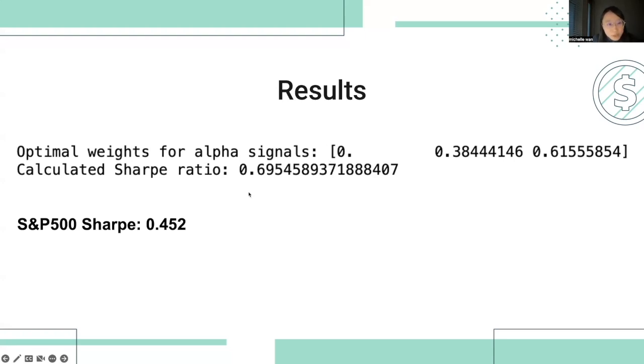I also calculated the S&P 500 Sharpe ratio since March 21st, 2016, which is 0.452. So the result we got is slightly better than the index in terms of the Sharpe ratio.